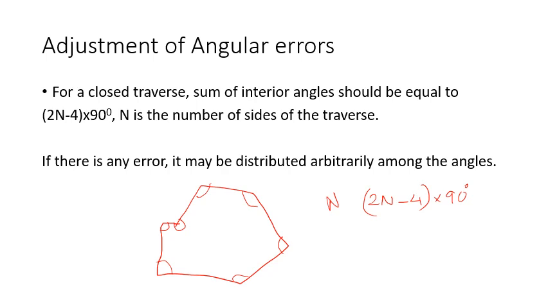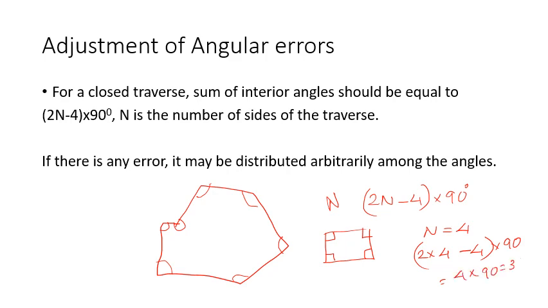Right. Suppose we have a rectangular plot. That means n equal to 4. All these angles are 90 degree for a rectangle, right? So 2 into 4 minus 4 into 90 degree. That means what? 2 into 4, 8 minus 4, 4 into 90 degree.